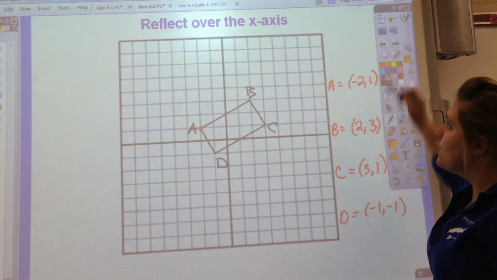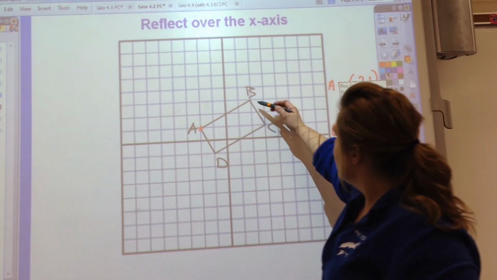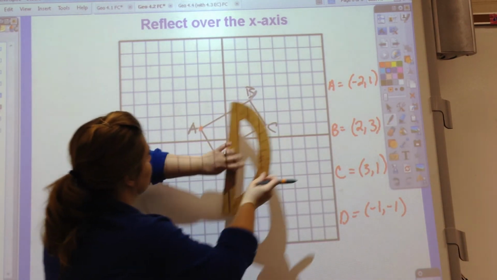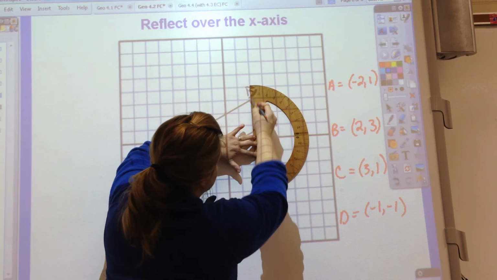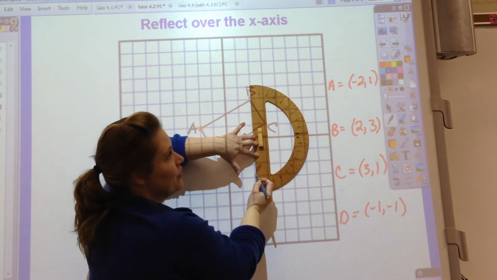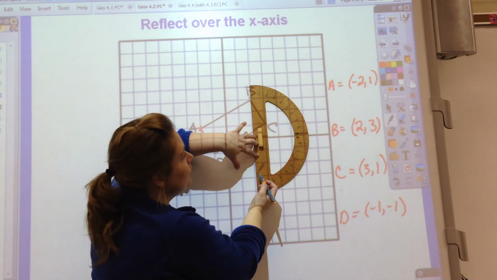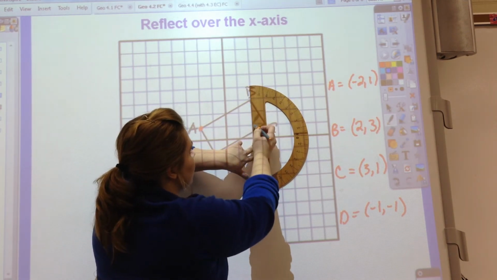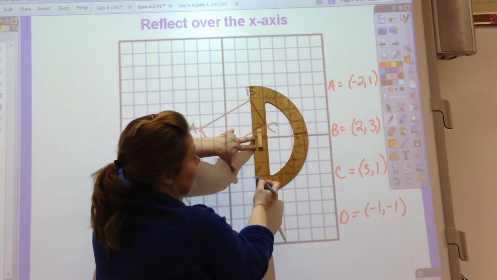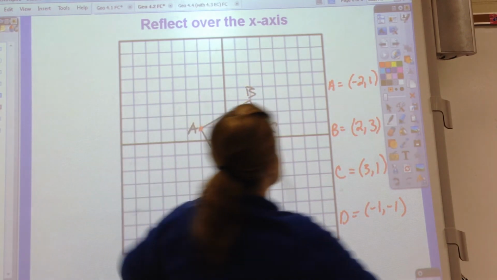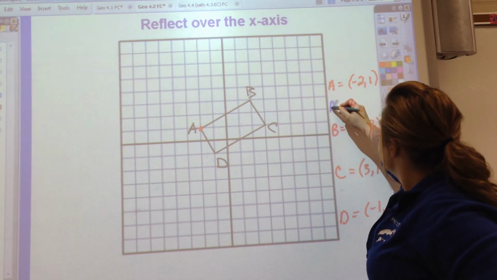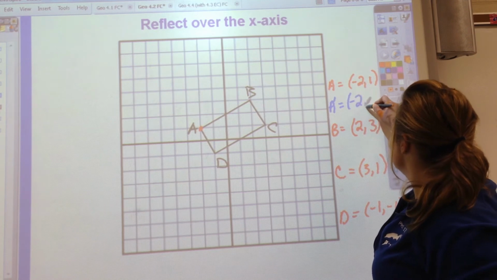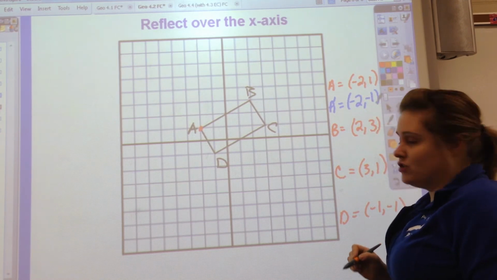To reflect over the x-axis, notice that if I measured this with my protractor and measured down here, wouldn't the value of x remain the same? The only thing that's going to change is the sign on y. If I have 3 going up here for B, I should have 3 coming down here for B. So notice that for my A prime, the x value is going to stay the same, and the sign on y is going to change.